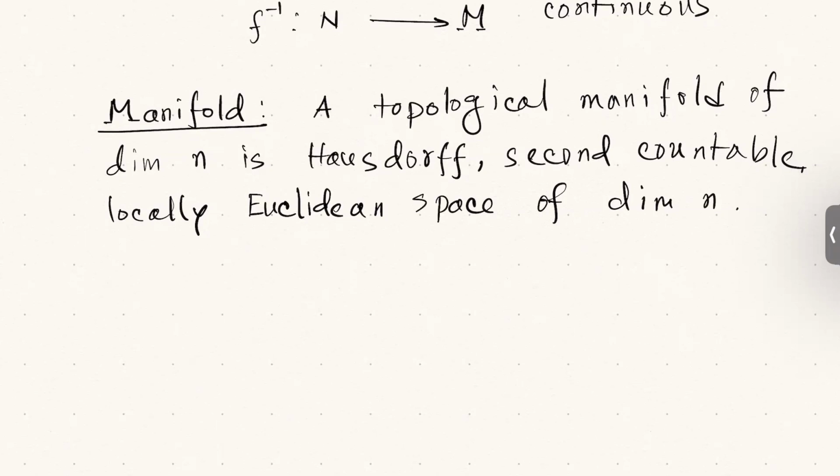Okay, so there are a few terminologies here. The first one is Hausdorff, then second countable, then locally Euclidean.